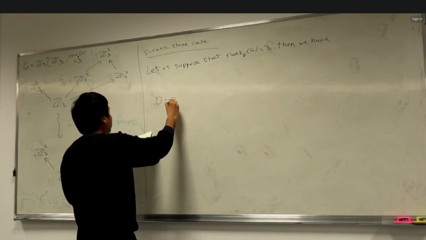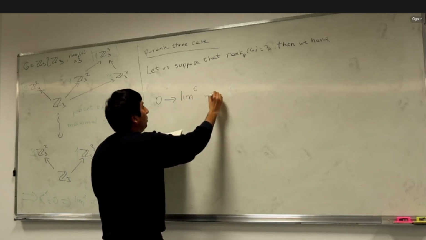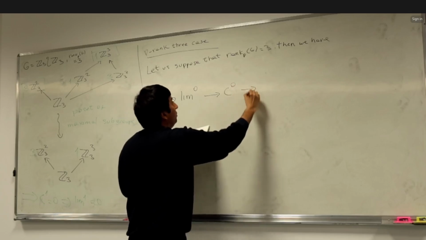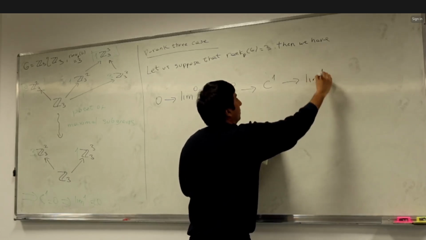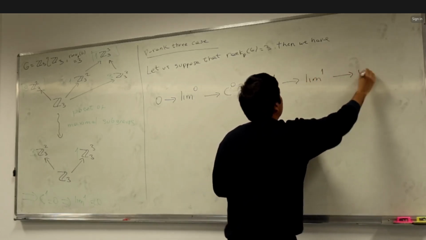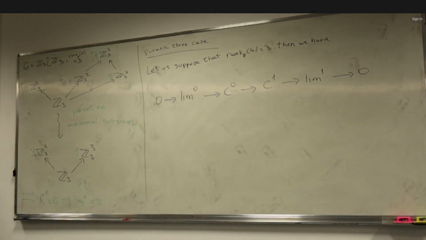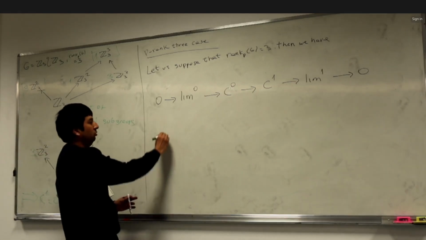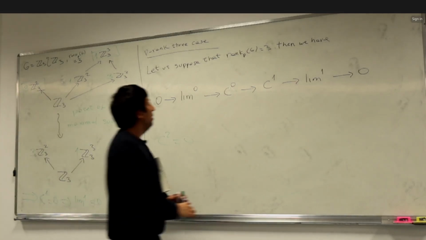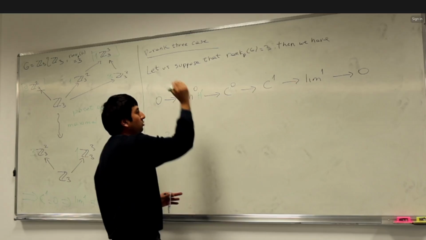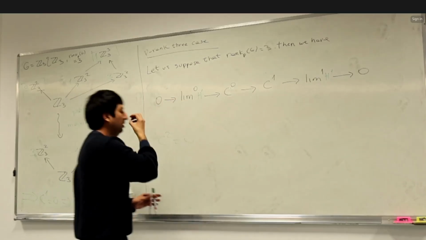I will simplify the notation here. Lim⁰ of H¹ is 0, C¹, lim¹, 0. Because there is no C² in this case, C² equals 0. Well, this is lim⁰ of H¹, lim¹ of H¹. Okay, I won't write it here anymore.